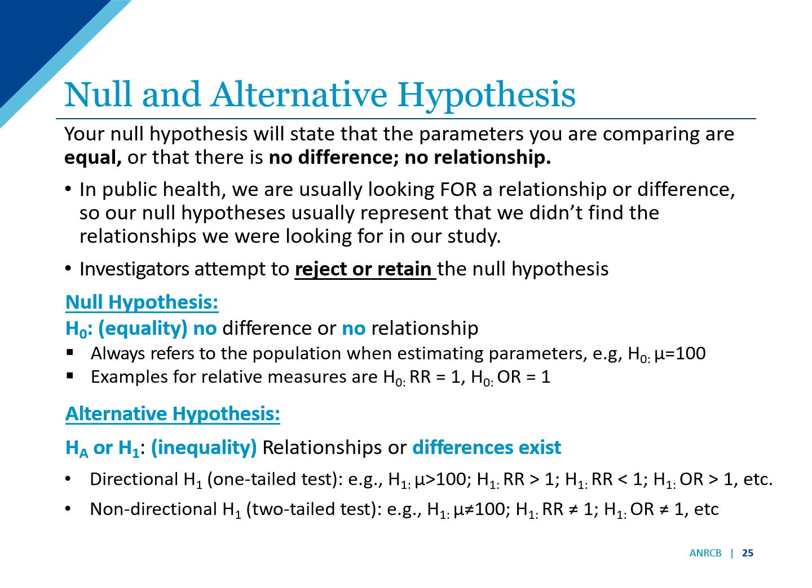Investigators attempt to reject or retain the null hypothesis, and if they reject the null hypothesis, they can accept the alternative hypothesis. Again, the null hypothesis is represented by H0 and means equality of parameters. The alternative hypothesis is represented by HA or H1 and means inequality of parameters or that some difference exists.